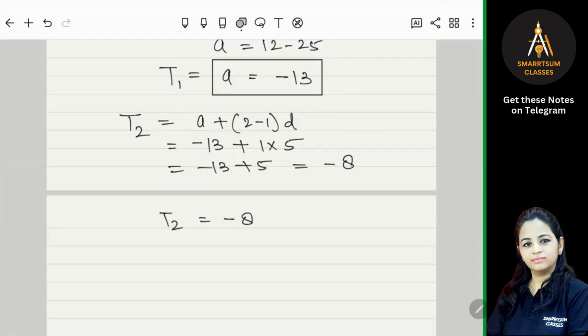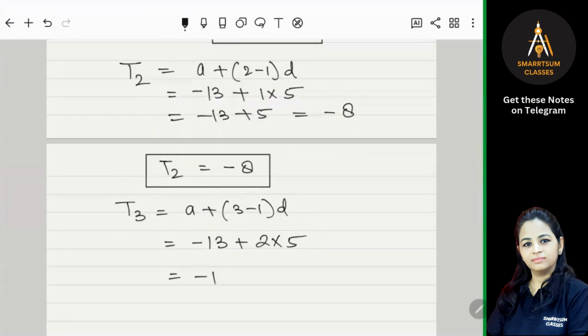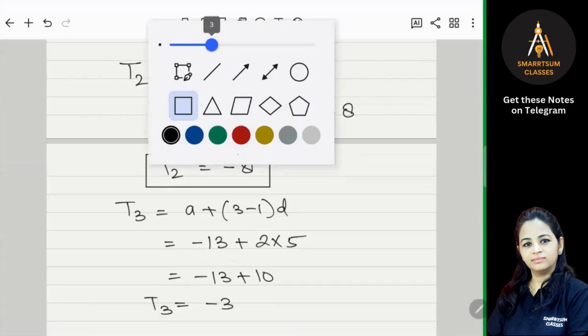Is that clear? Now similarly, we can find T3, the third term. T3 will be a plus (3 minus 1) into d. a is minus 13 plus (3 minus 1) is 2, 2 into d, d is 5. So minus 13 plus 10, that is minus 3. So T3 is minus 3.